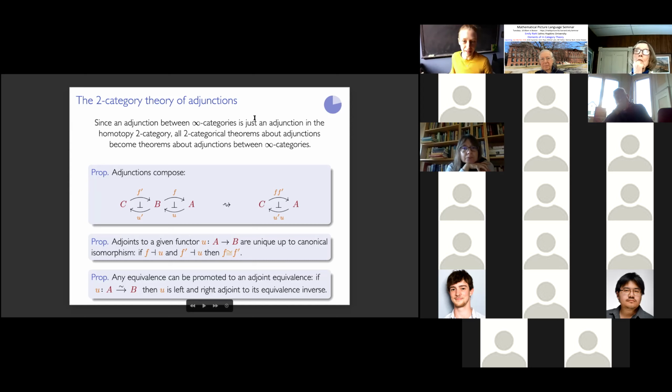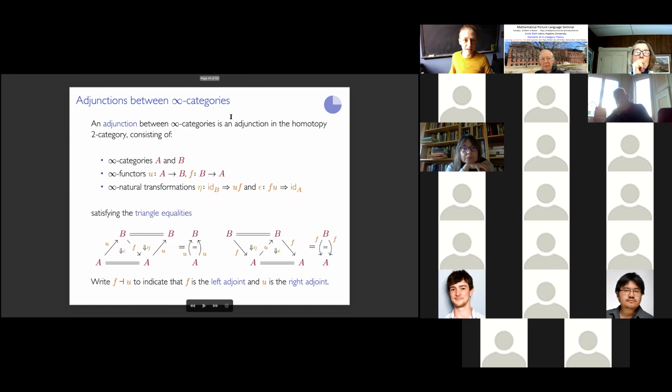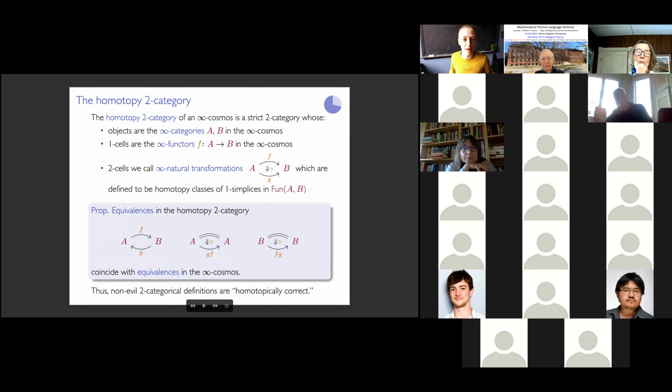And then the homotopy 2 category of that infinity cosmos is the 2 category we developed there. So the answer to your question is it only has weak 2-dimensional limits, so weak powers and weak comma objects and things like that, weak pullbacks. It does not have strict 2-dimensional limits. And we don't, in our axiomatization, assume that it has any colimits whatsoever.